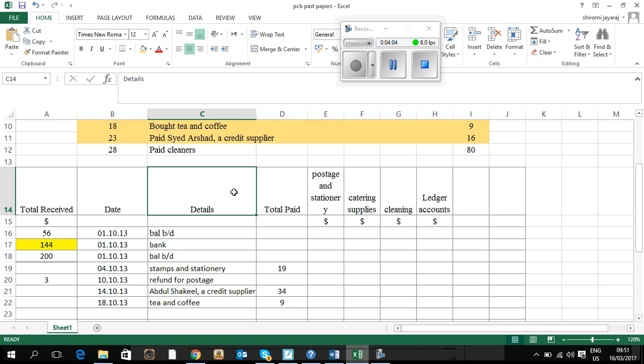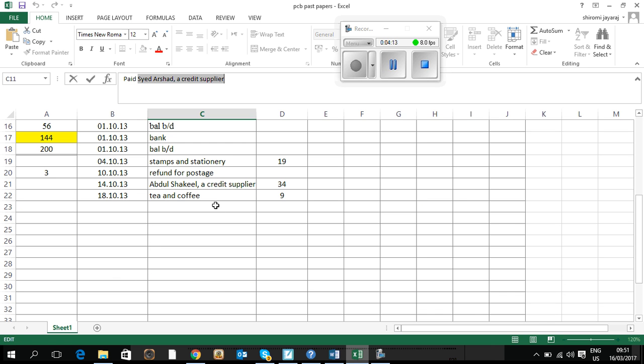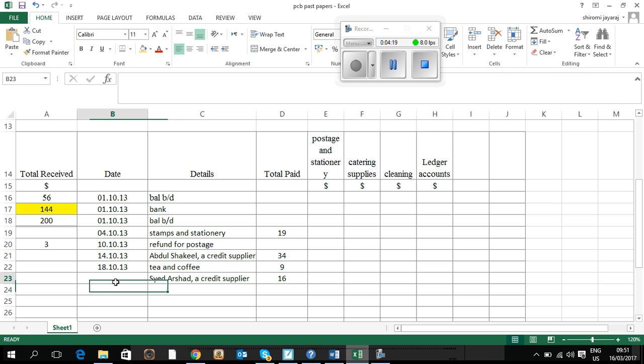Paid a credit supplier, Arshad, worth of $16. And the date was on 23/10/13.